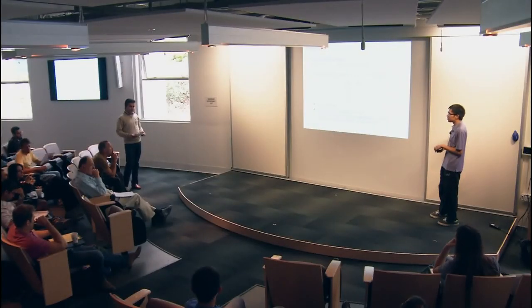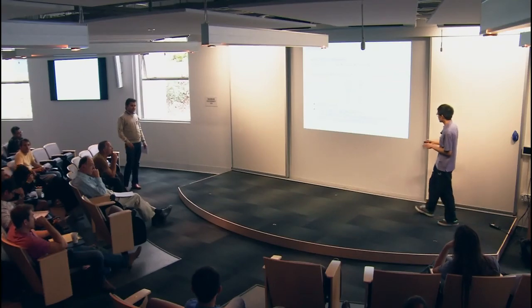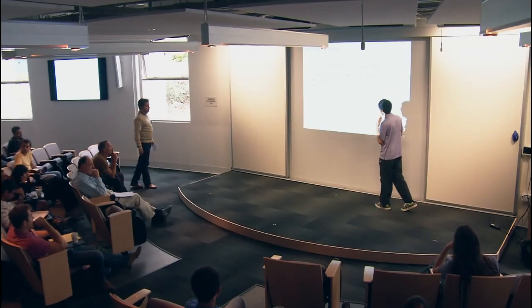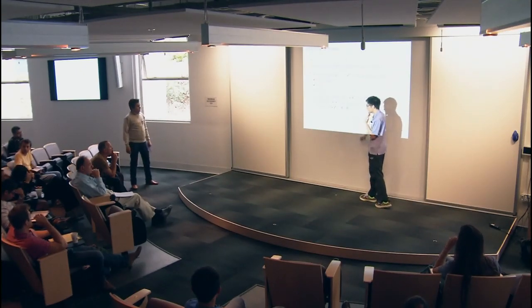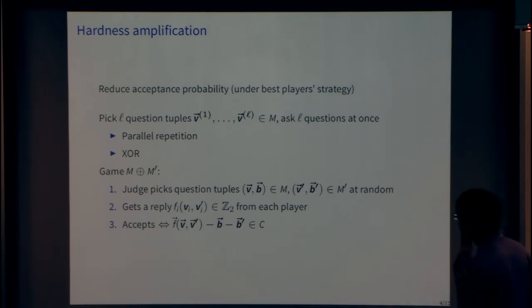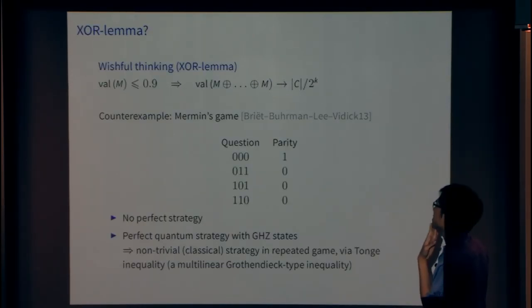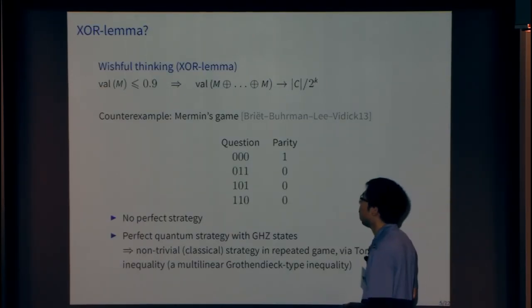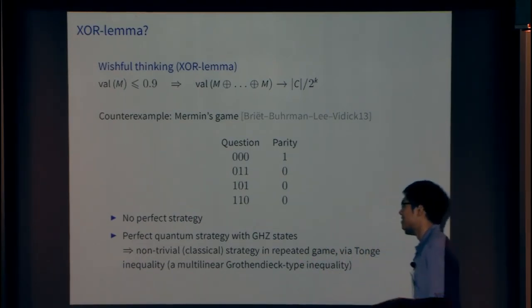By XOR games, do you mean that the predicate is an XOR? Yes, the predicate is an XOR, because that means you go to 0 instead of going to some nonzero correlation. I see, that's right.